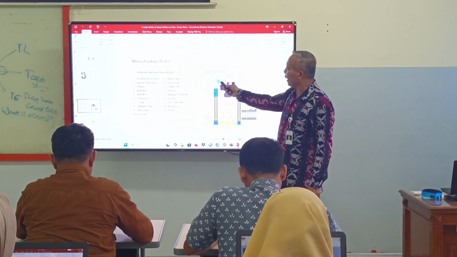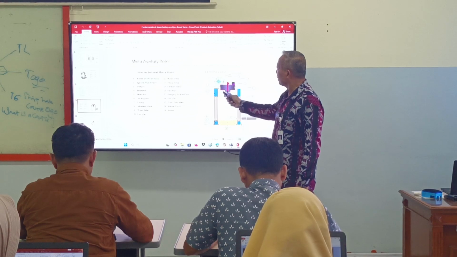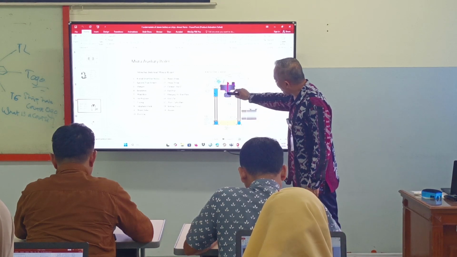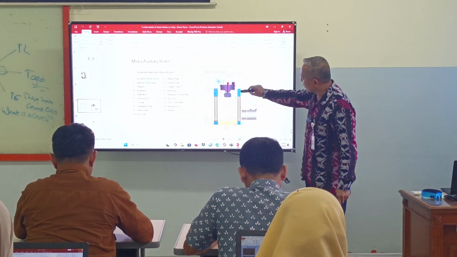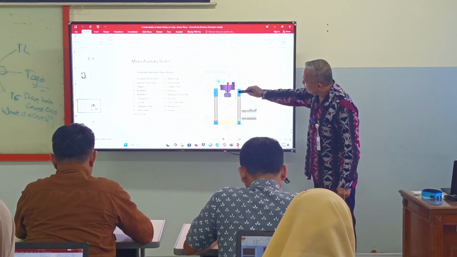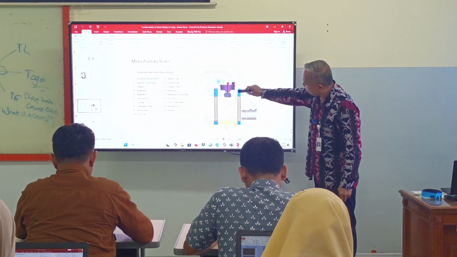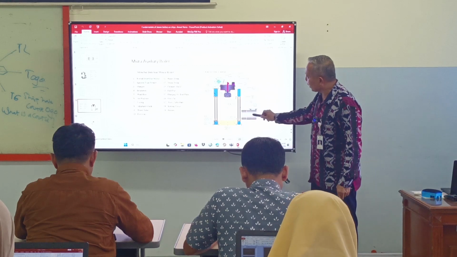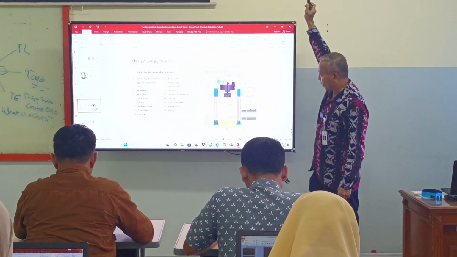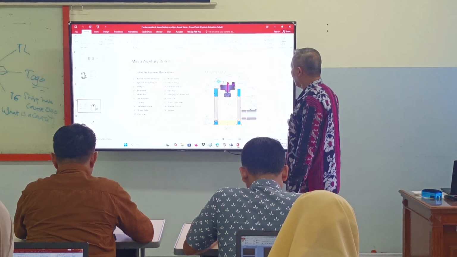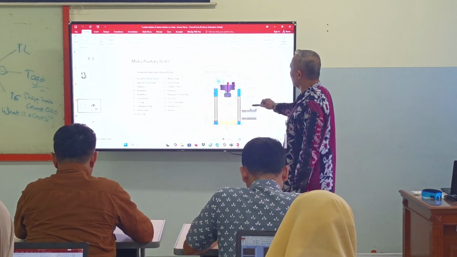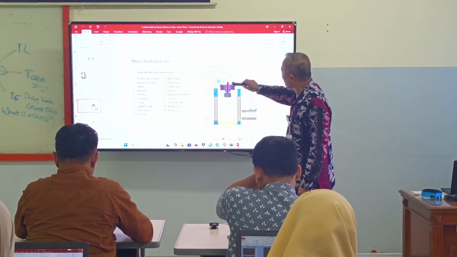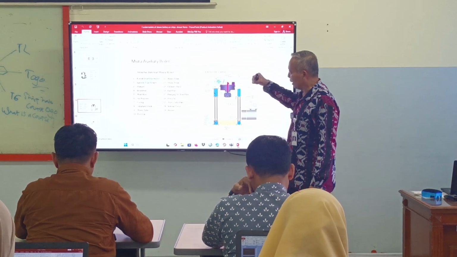This is the draft fan, the damper, and burning. This is fresh water and steam. Funnel to funnel. This is the ignition transformer for ignition.